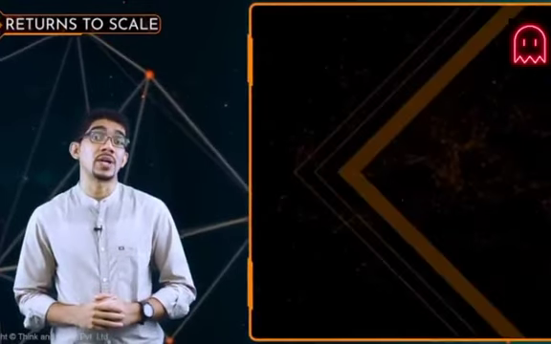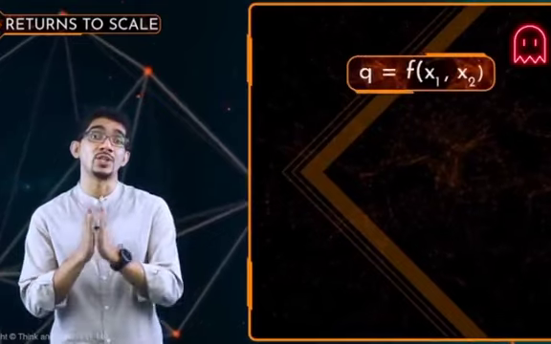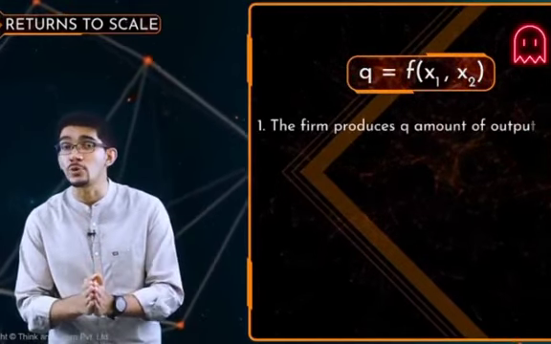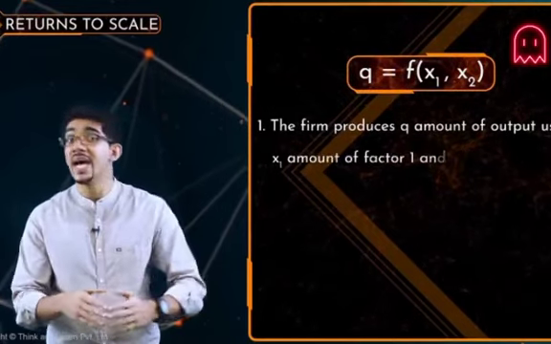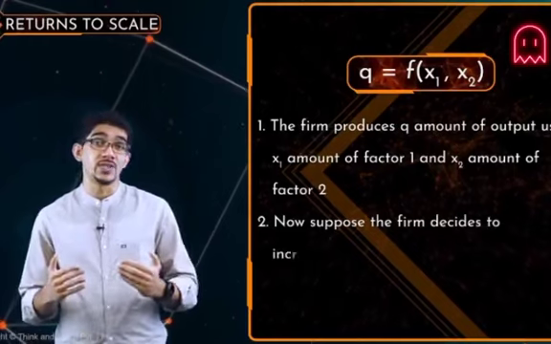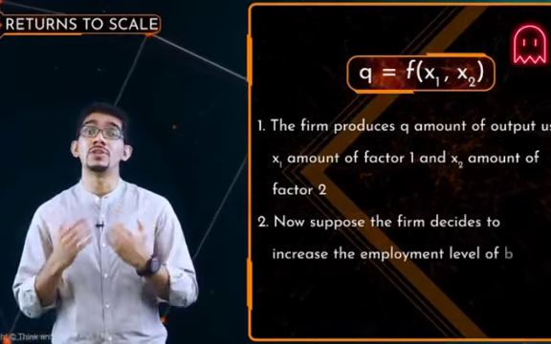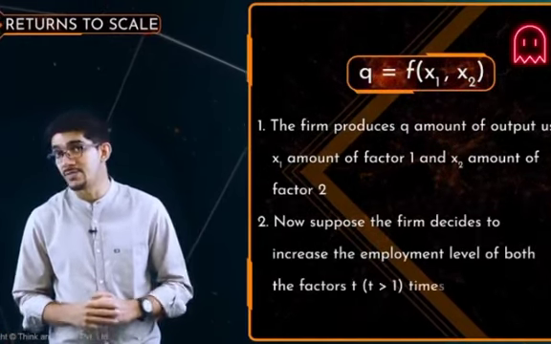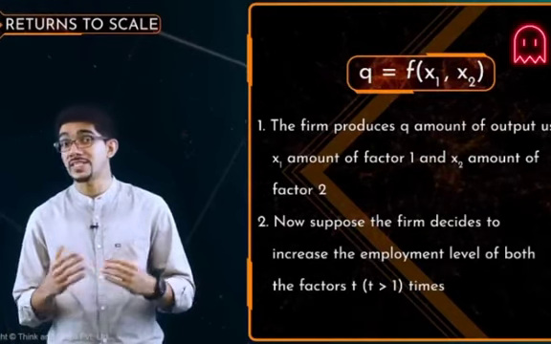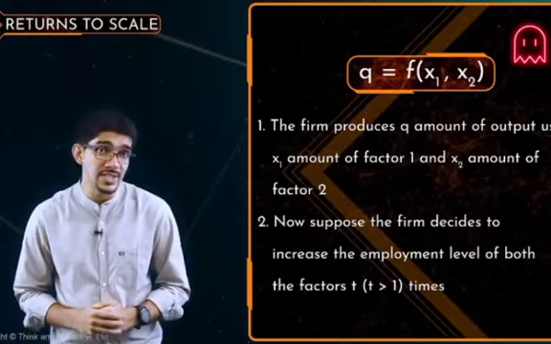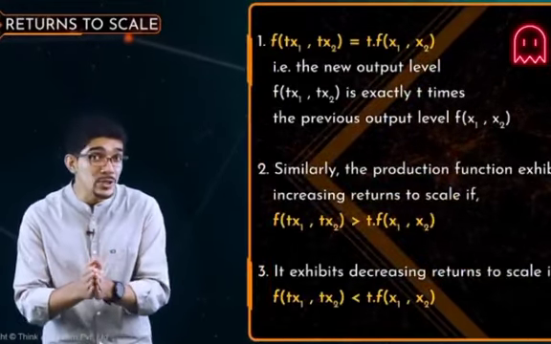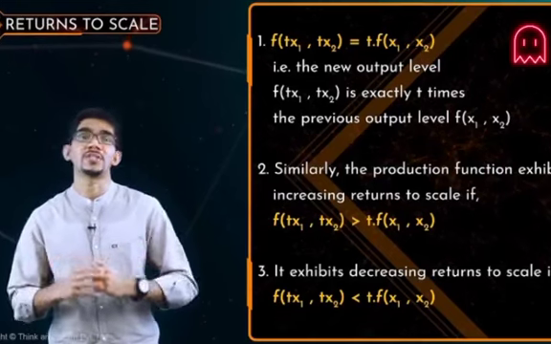Let's consider a production function. Q is a function of x1, x2, where the firm produces Q quantity of output using x1 amount of factor 1 and x2 amount of factor 2. Now suppose the firm decides to increase the employment level of both the factors by T times, where T is greater than 1. Mathematically, we can say that the production function exhibits constant returns to scale if f(Tx1, Tx2) is equal to T times f(x1, x2).